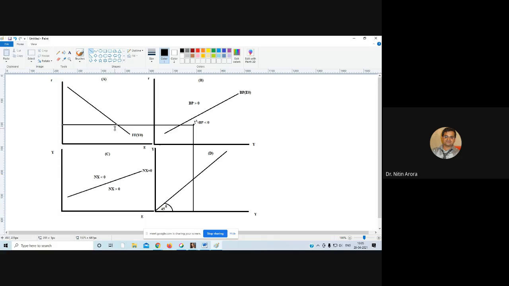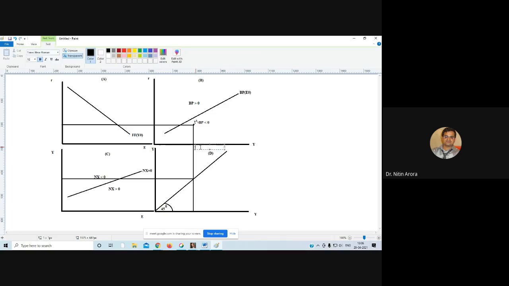This is drawn for Y naught, and this much is Y naught. Let us suppose this is the Y naught level of income.